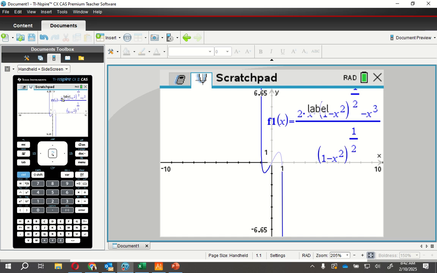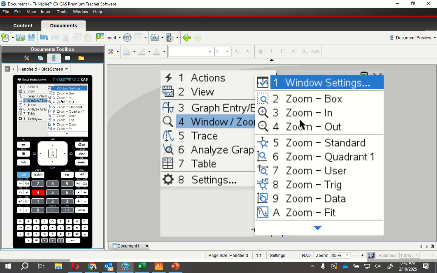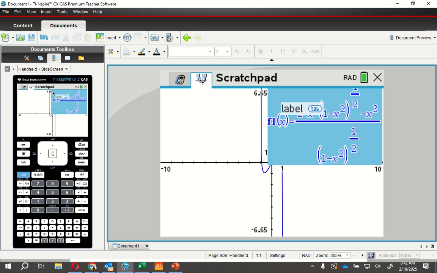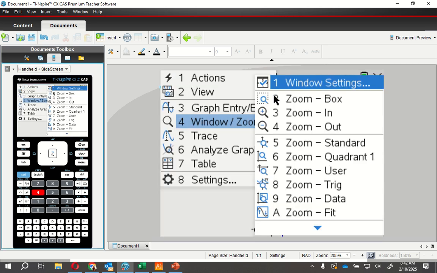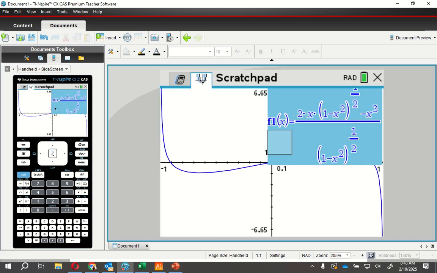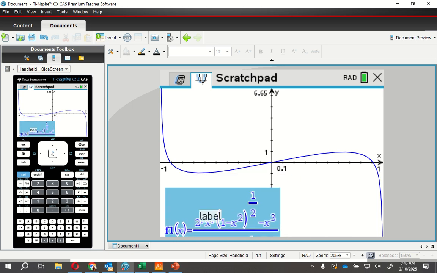And if I zoom this in, 4, and let's go from negative 1, 4, 1, negative 1, 1, there you go. There we go.